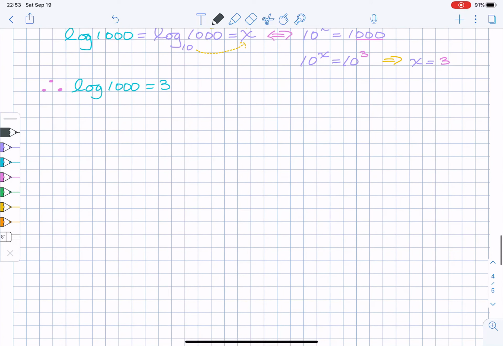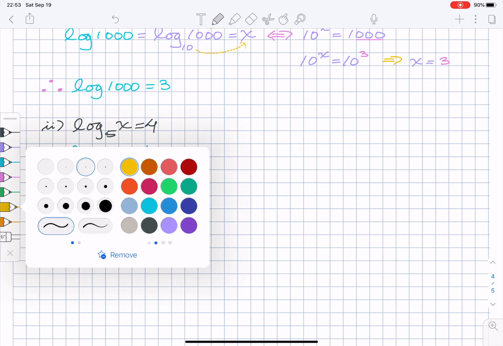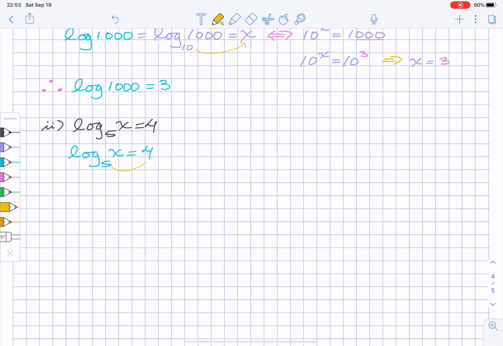Okay, so number 2. Let's say we have log base 5 of x is equal to 4. So this is equivalent to saying base raised to the answer is equal to the argument.